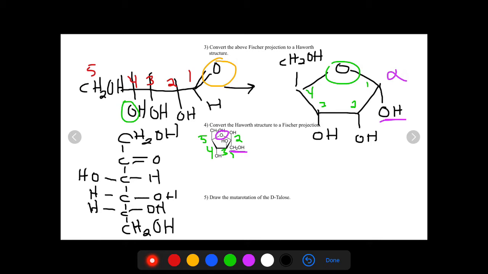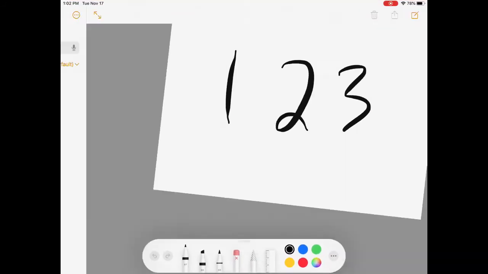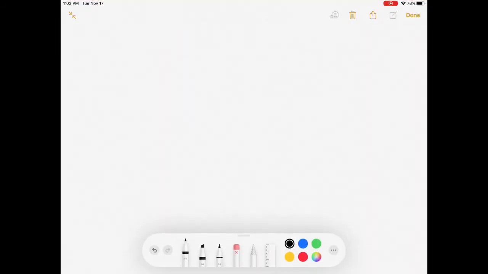And then number 5 says draw the mutarotation of D-talose. So I'm actually going to come over here because I need a little more room. So I'm just going to draw D-talose for you. It's an aldose.